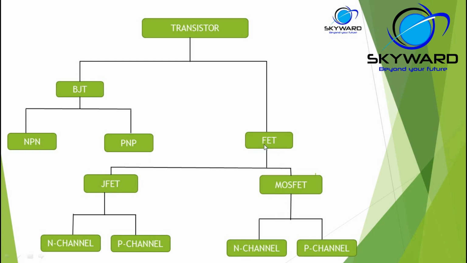MOSFET is also known as FET. JFET has N channel and P channel types, and MOSFET also has N channel and P channel types. In a laptop motherboard or desktop motherboard we only see PNP and NPN transistors and MOSFETs, N channel and P channel. JFET is not there.